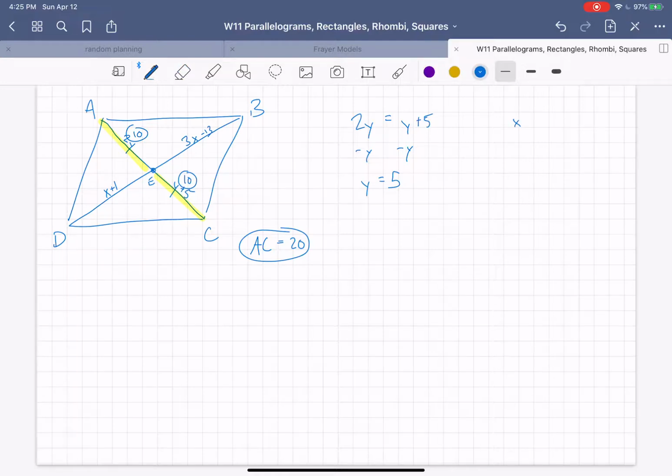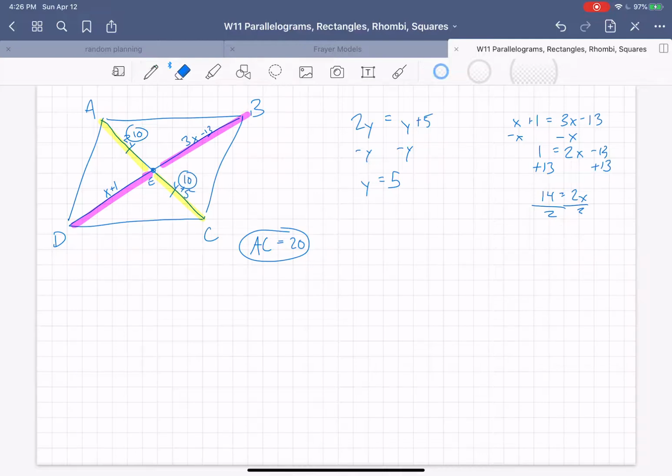The left is equal to the right. So we have x plus 1 is equal to 3x minus 13. Subtract x on both sides. This one's a little bit longer of a process. Plus 13 on both sides. 14 equals 2x. Divide both sides by 2, so we get x is equal to 7. That's not our final answer. We can plug it in, though.